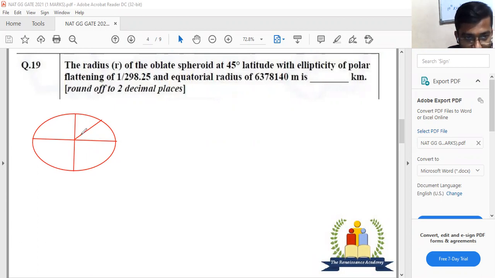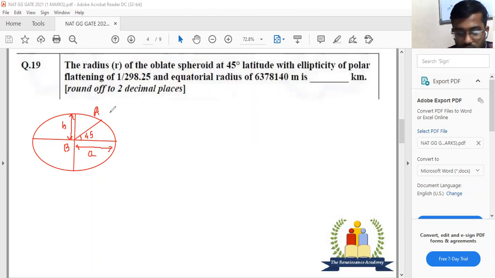So here this angle is 45 degree. It is given. This is B, semi major axis and semi minor axis. This is your small a. Let's say this is your B and this point is your A, this point.